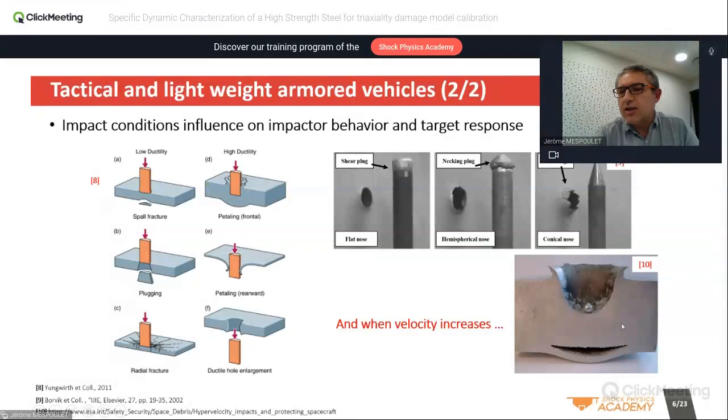So it means that even if you have no penetration, you can have damage behind the armor. And so if you have a soldier behind this armor, if you look outside, there is no damage, we see no hole, so we have no risk for the soldier to be injured. But in fact, if you have a small back face effect, it can hurt soldiers. So the armor, in fact, doesn't do its job.